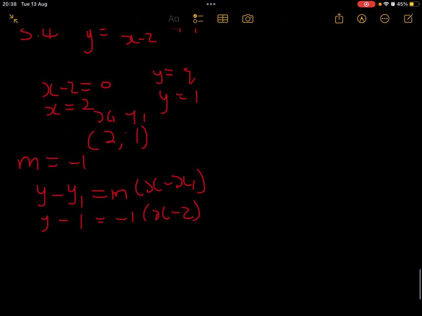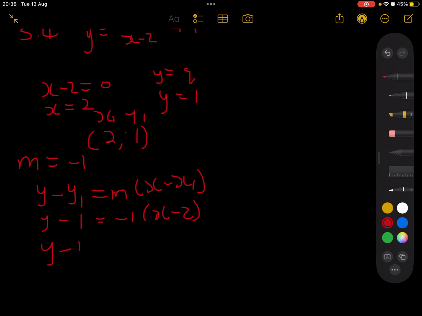Then this becomes y minus 1 equals negative x plus 2. So y is equal to positive 1 minus x plus 2, and this is equal to minus x plus 3. And that is your equation of the axis of symmetry of h.